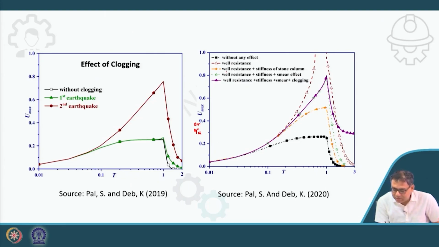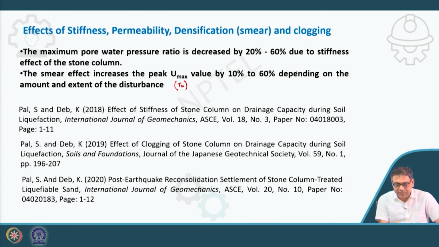Now the next one is the oil resistance, that means the permeability of the stone column is being considered, plus the stiffness of the stone column. As I mentioned in my previous slide, the stiffness of the stone column has a positive effect, so your RU value should decrease. Here it is mentioned, you can see the RU value decreases by 20 to 60%.